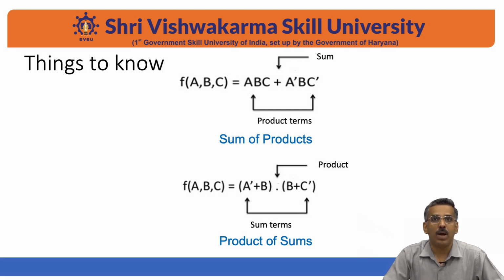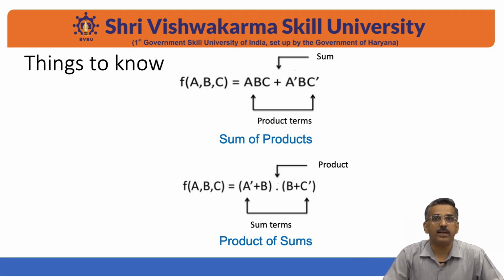And POS is the product of sum. If we have the expression which is the combination of summation and their product, that is known as product of sum. Both the representations SOP and POS can usually be given like this.